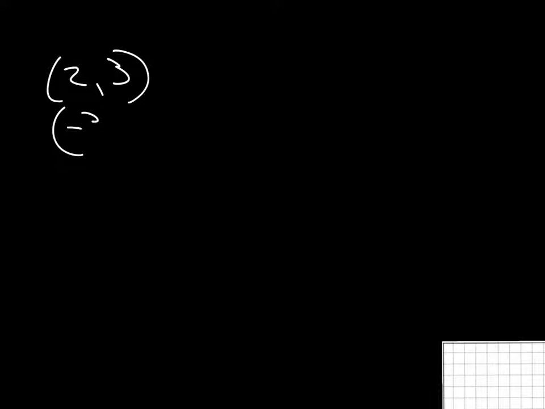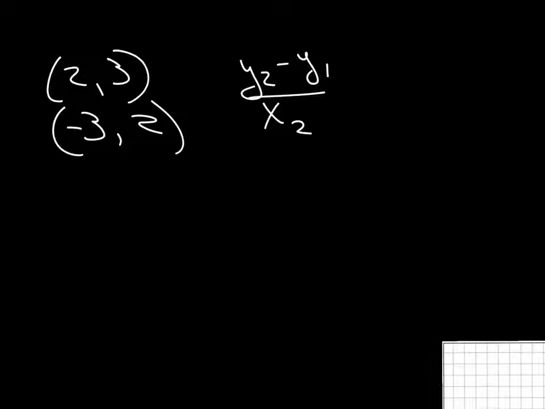So if I gave you 2 points, remember we used the y2 minus y1 over x2 minus x1, and that equaled m. Okay, sometimes they aren't going to give you 2 points. Sometimes all they're going to do is give you maybe a point and the slope.